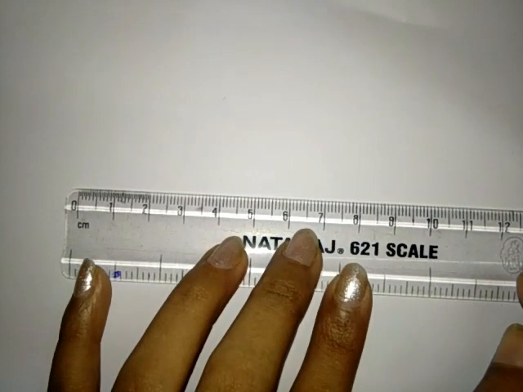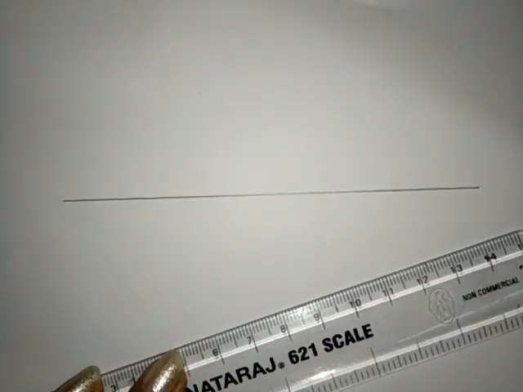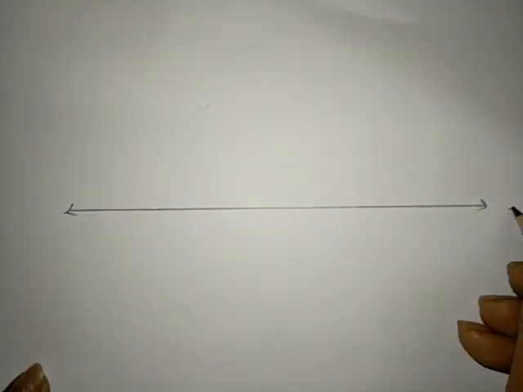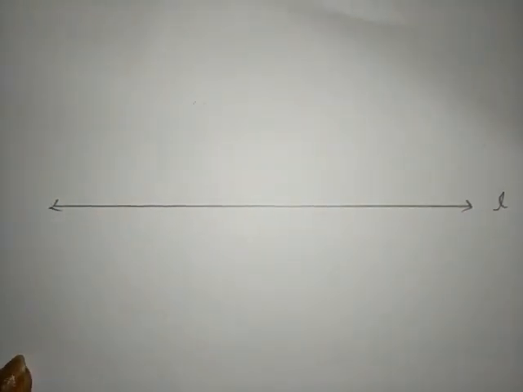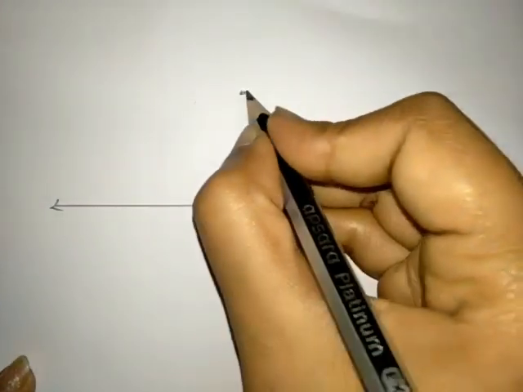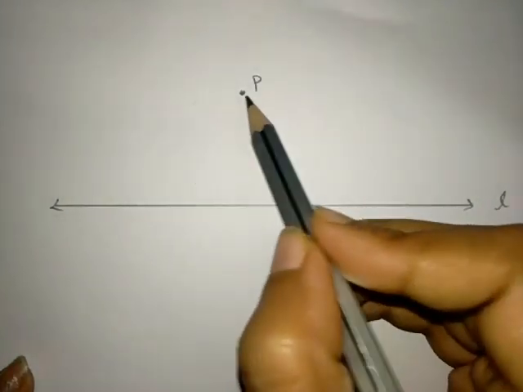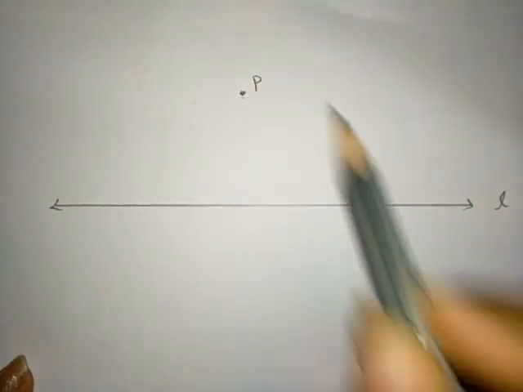Okay, we'll take one more line here. This is the line now. Now we'll call this line L. Let us take a point P which is lying outside the line L. We need to draw a perpendicular line from the point P. How to draw?